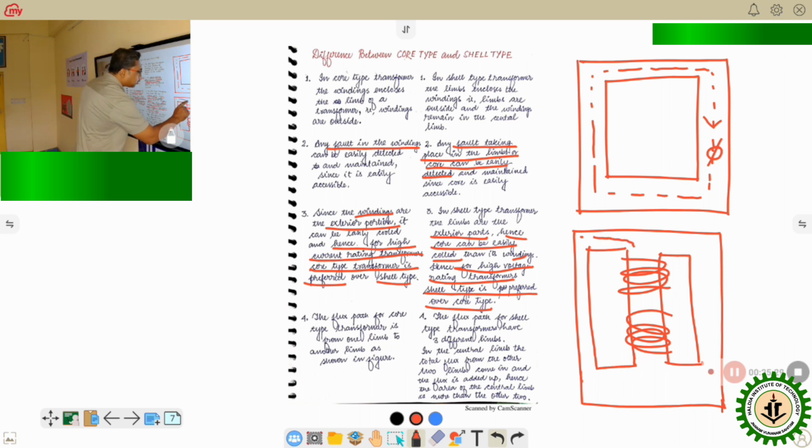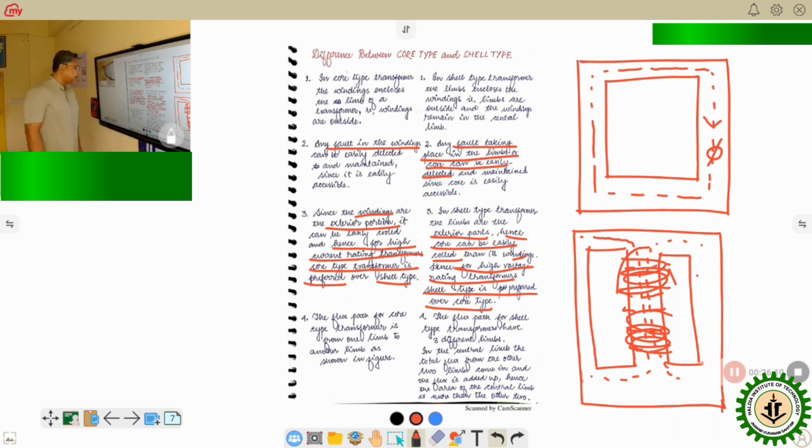So flux has to pass through the central limb, which accommodates two fluxes, one from this limb and another from this limb. So the shell type transformer has three different limbs. In the central limb, the total flux from the other two limbs comes in and is added up. Hence the total area of the central limb is more than the exterior two limbs. Okay. Next.